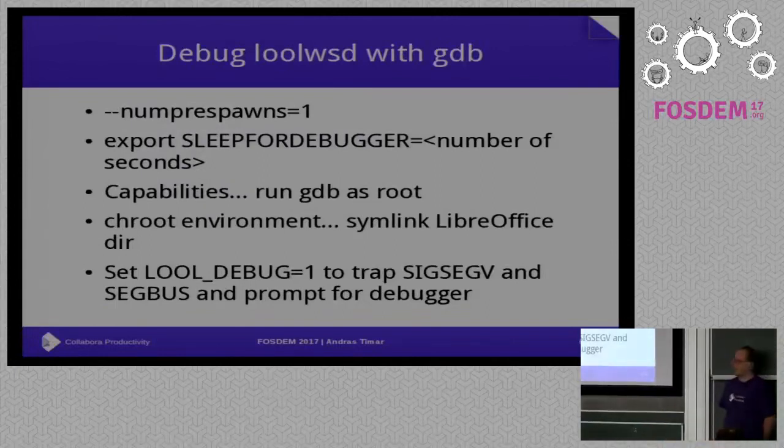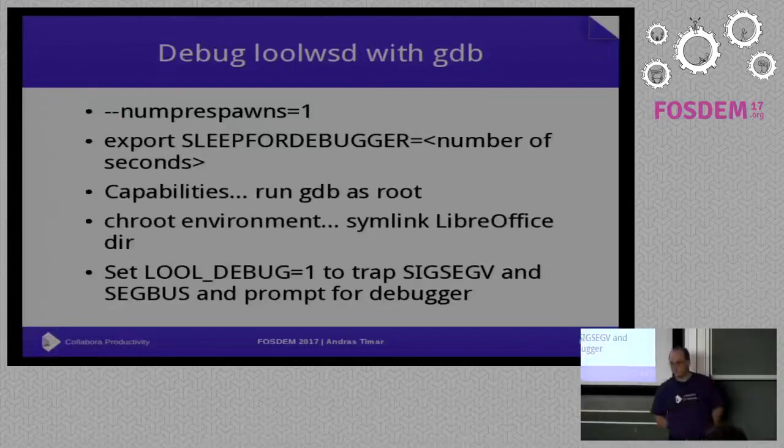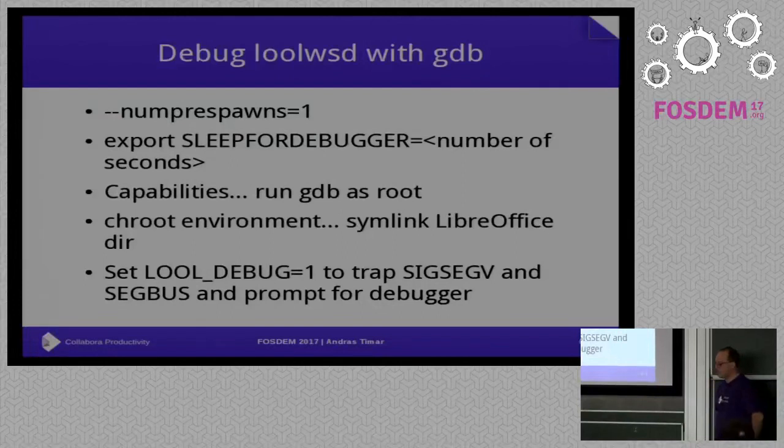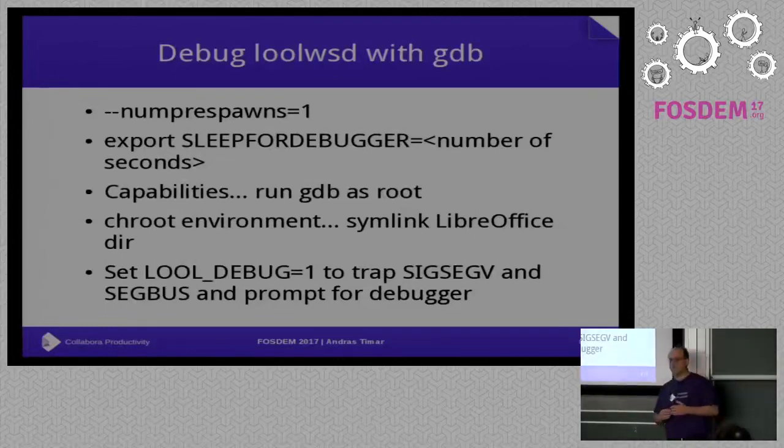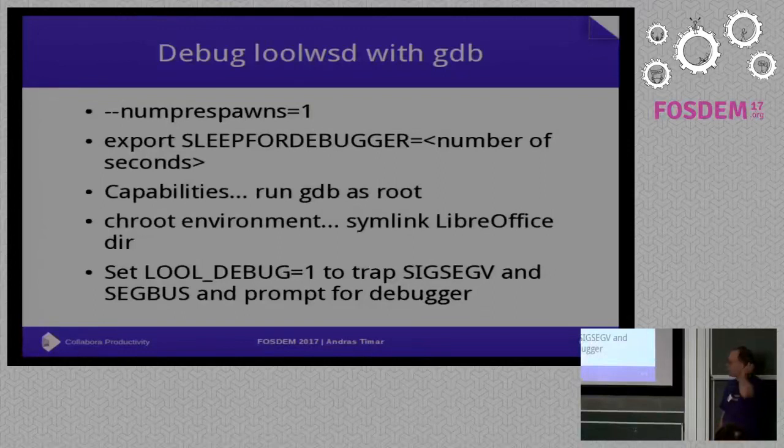So when you debug the server part with GDB, you want to add the --numprespawn switch and set it to 1, so it will spawn only one instance, which would limit the amount of concurrently running processes. Also you can export this SLEEPFORDEBUGGER environment variable, so the process will wait until you can attach the debugger.